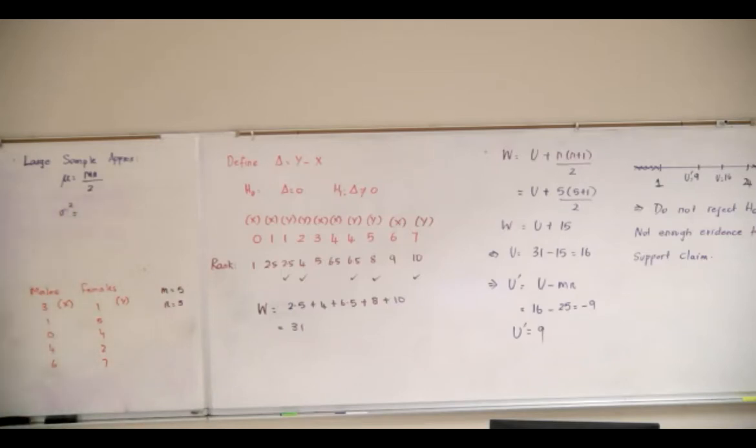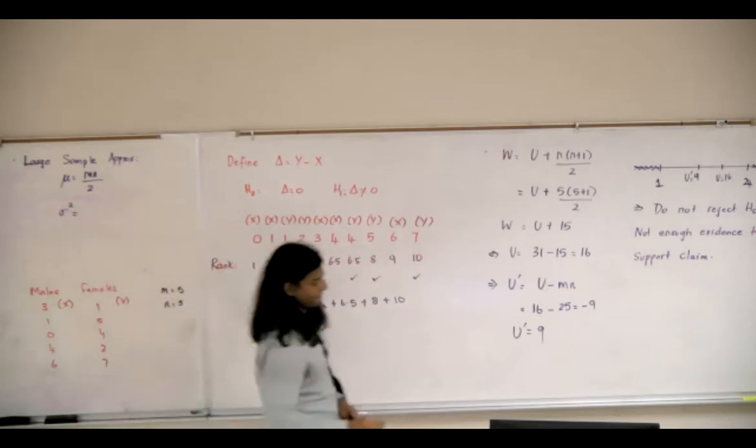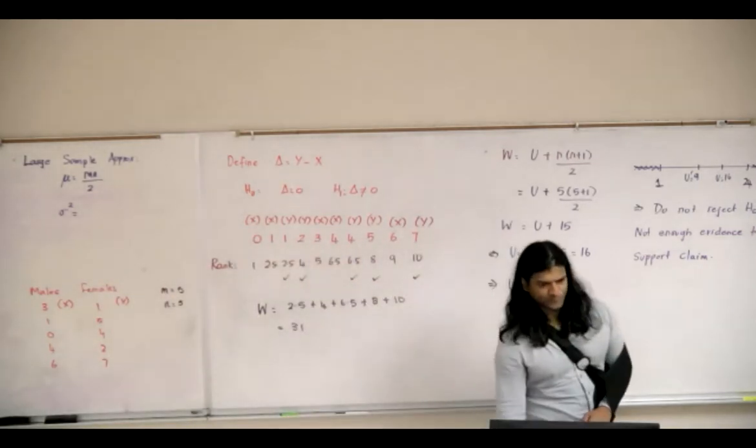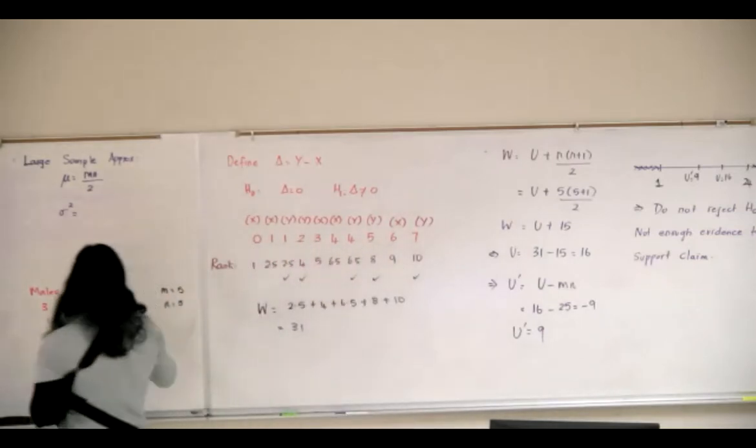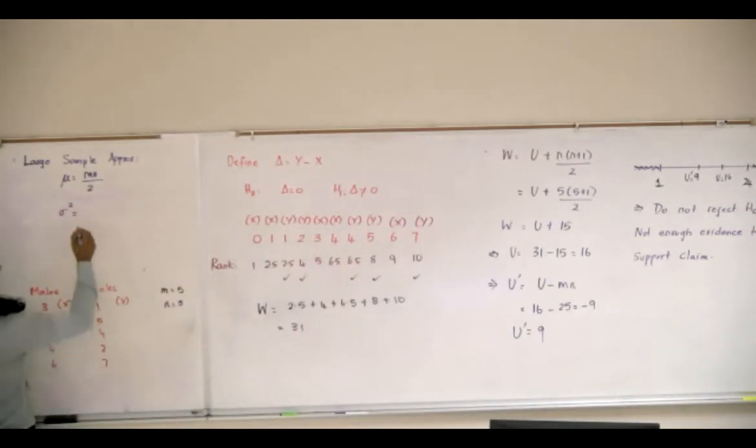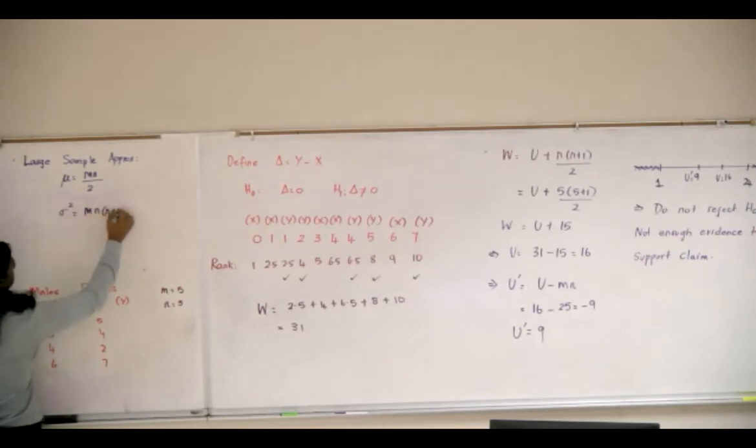And if you look at the variance, what was our variance from last time? If you recall what we had last time, m times n times (m plus n plus 1) over 12.